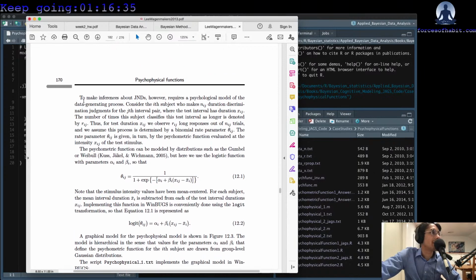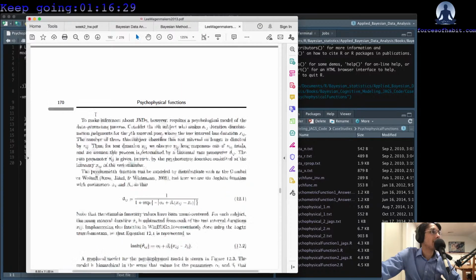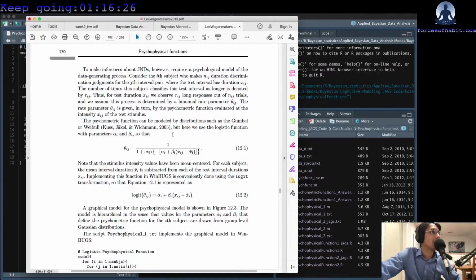Right, so this is our hypothesis. This is our theorized data generating process, which follows this sort of distribution, which here maps onto a logistic function, which looks like so.